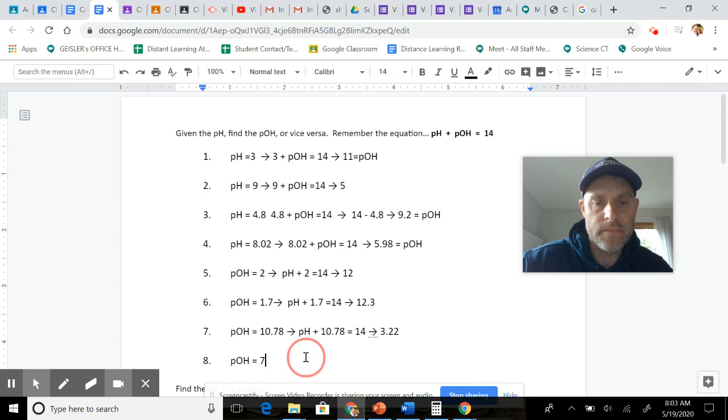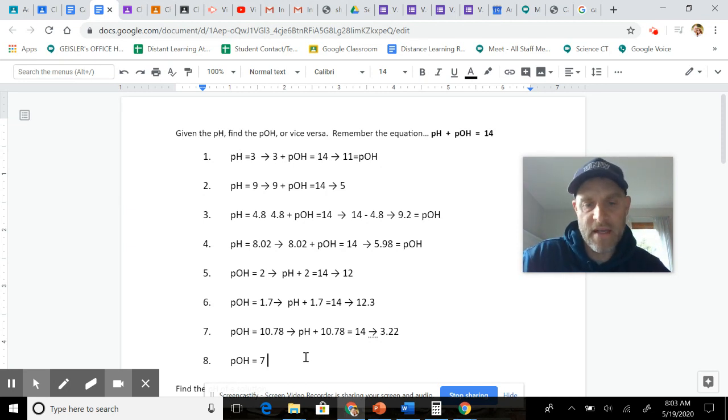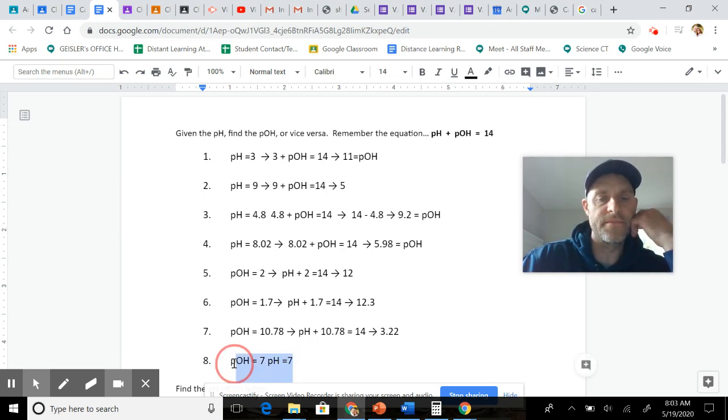Okay. And the last one, POH is 7. Well, that's easy. 14 minus 7. pH is 7. That one must be neutral. If pH equals POH, it's neutral.